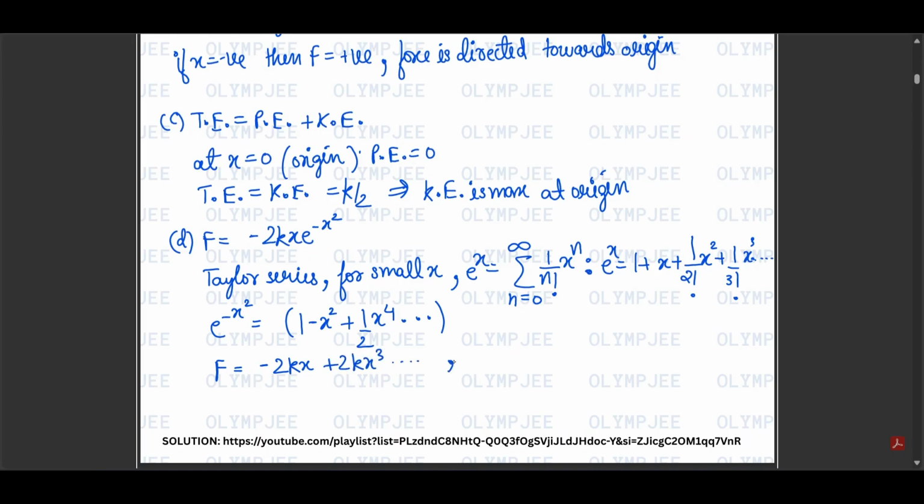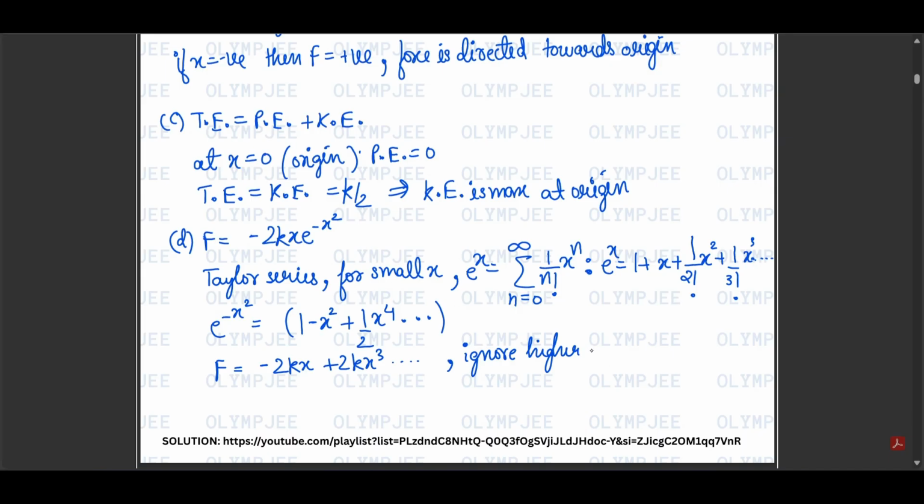And if we ignore higher order terms, because if x is very small, displacement from 0, so x will be like 0.0001, and x cube will definitely be smaller than x, right? So we can ignore this term because it will be much smaller than x, because 0.0001 raised to power 3 is much smaller than 0.0001, right?